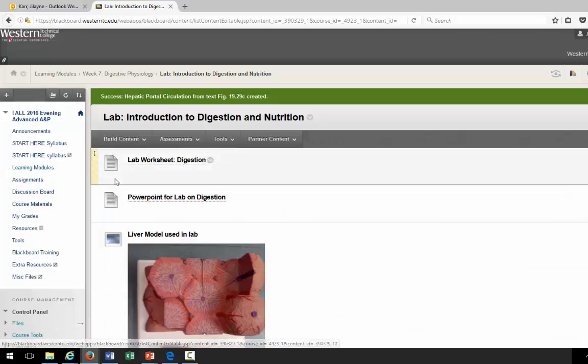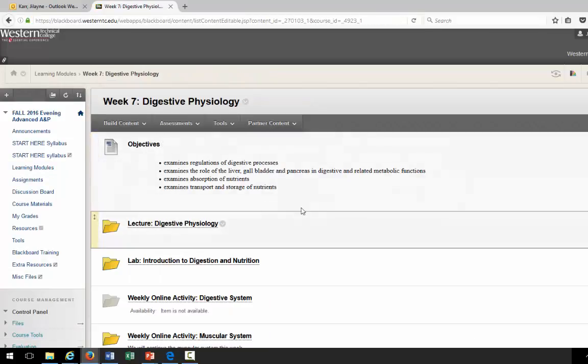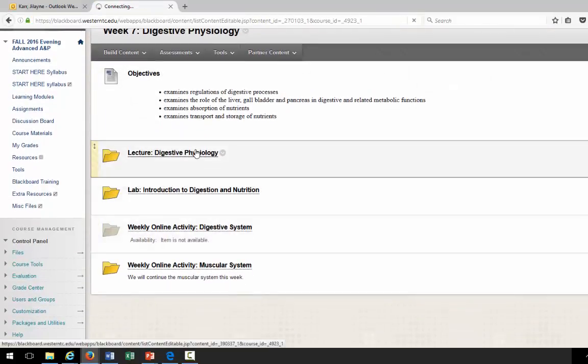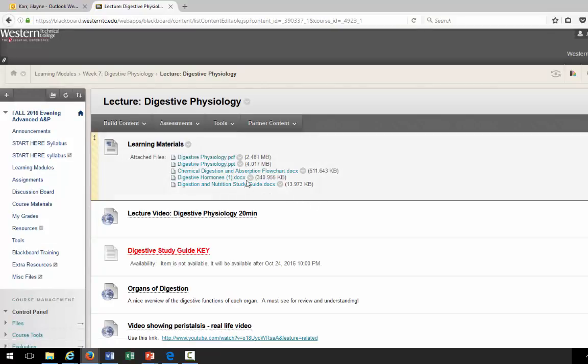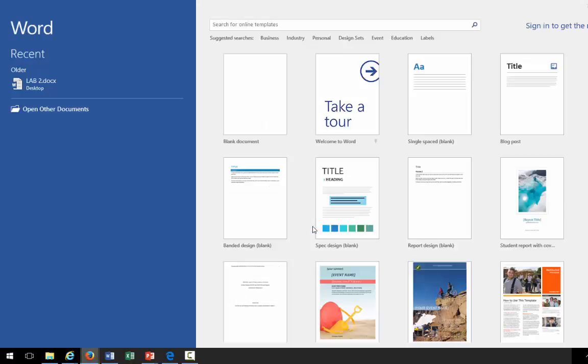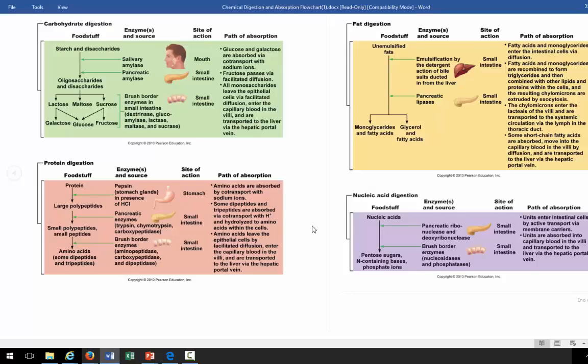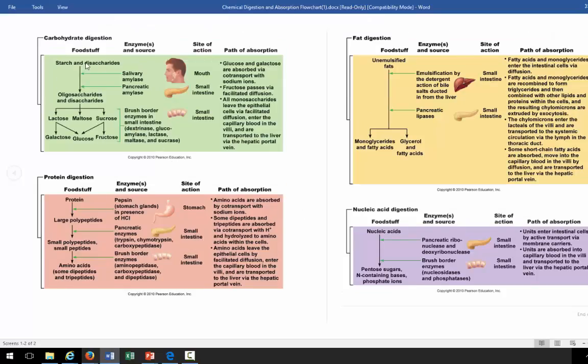So I'm going to go over here to the lecture and know this flow chart really well, which means that if I bring in a starch or a sugar, the enzyme that's going to act on it is brush border enzymes in the small intestine, salivary amylase, pancreatic amylase, and it's going to break it down into what?